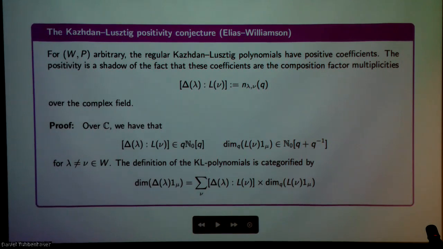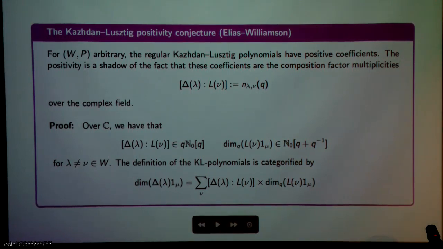On the level of characters, if you know that here is every vector in every standard module, and you know that all the composition factors are strictly positive degree, and all the simple modules are bar invariant, well, there's only one way of factorizing that matrix as well. So that's how you prove the Categorification positivity conjecture. Any questions at this point?